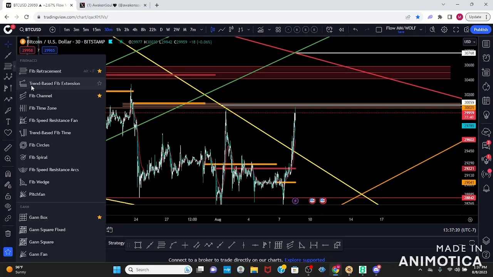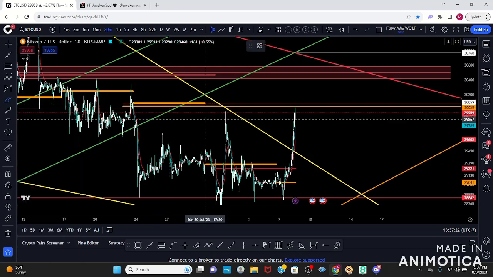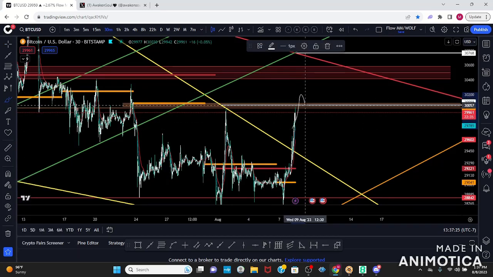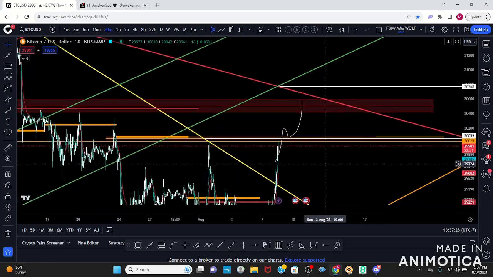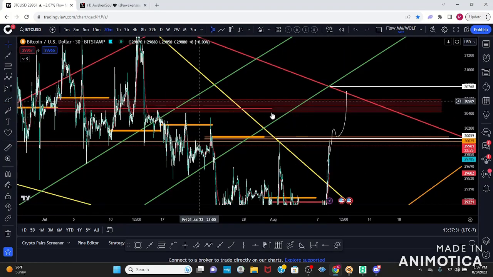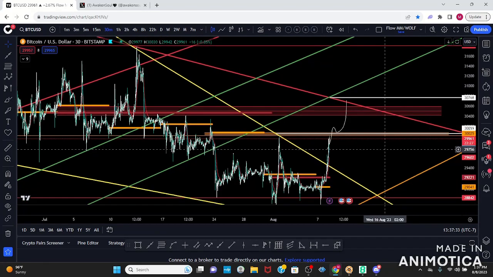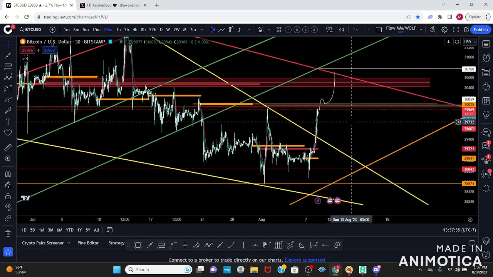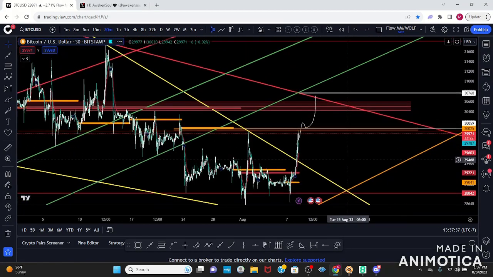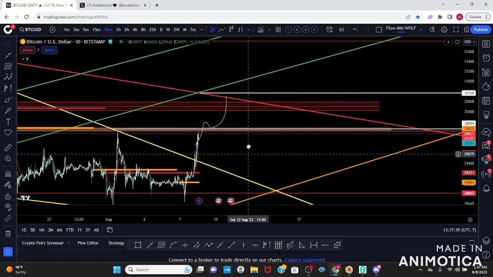If we break through this and hold some sort of support, we could find it, finding that resistance or having that rejection on the monthly. I am bearish. I'm still bearish. I'll let you guys know when I'm bullish. Not bullish at all.